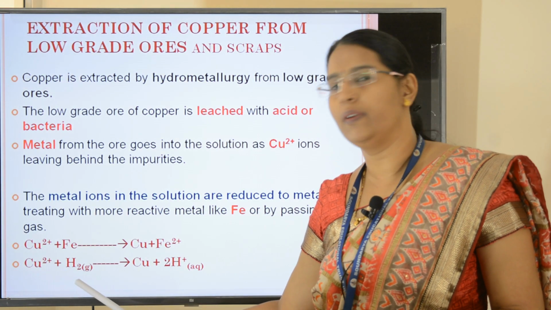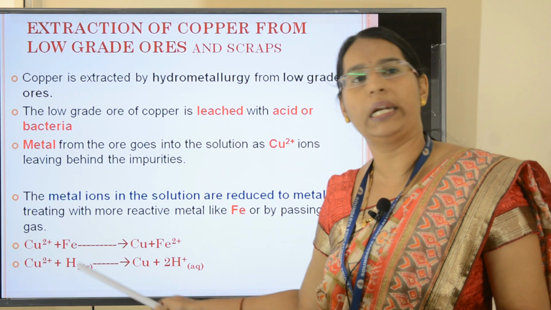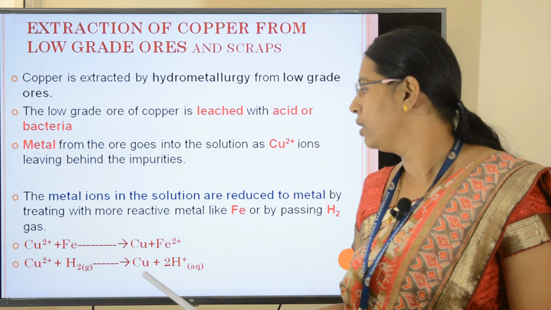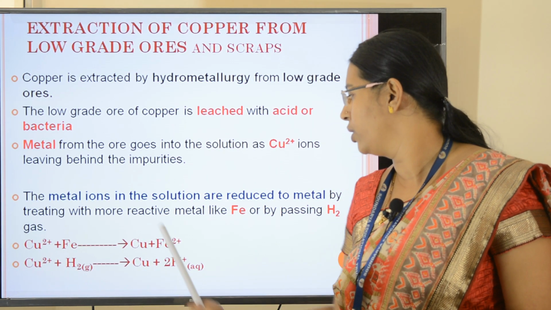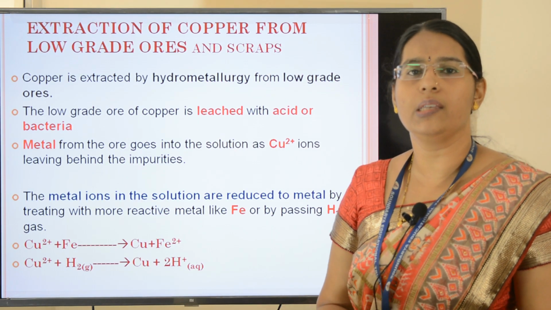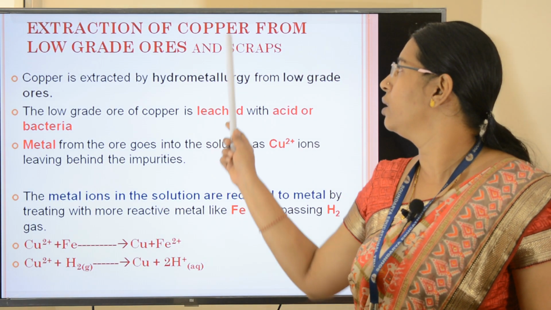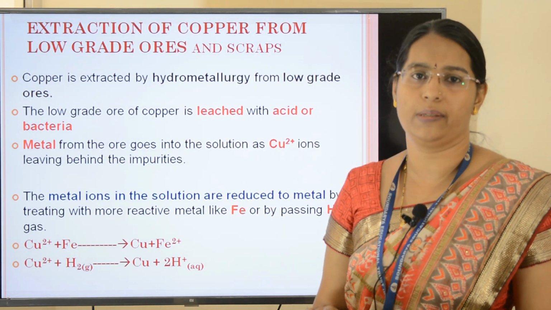Sometimes it can even be done by using hydrogen gas, so that the cupric ion reacts with hydrogen, and the cupric ion is reduced into copper, while hydrogen is oxidized into hydrogen ion. So this is the method to extract copper from low grade ores or from scraps.